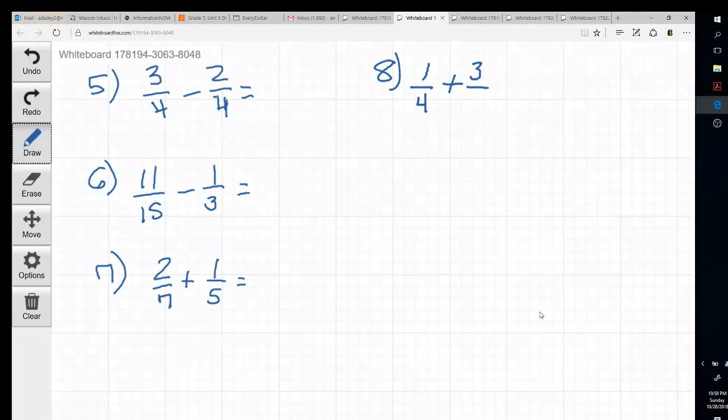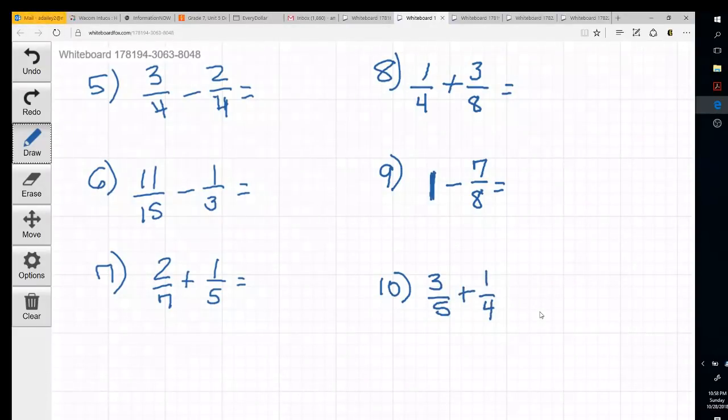Remember, as you're doing these, please simplify them if you can, if they're able to be simplified. Number 9, challenge question. 1 minus 7/8. So, how can you show 1 as a fraction? And the last one, number 10, 3/5 plus 1/4.